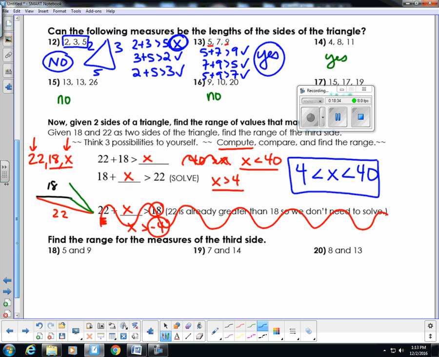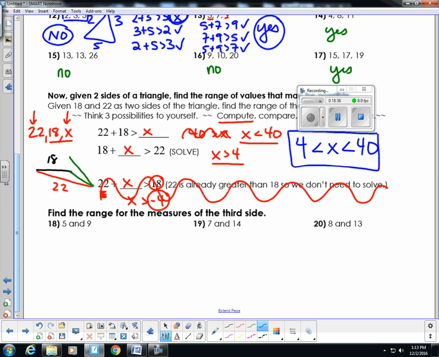Let's do another one. I'm going to do the one in the middle: 7, 14, and x. Add the first two, greater than x. 7 plus 14 is 21, so x has to be less than 21. Add the second one and the last one, so 14 plus x. Is that bigger than 7?